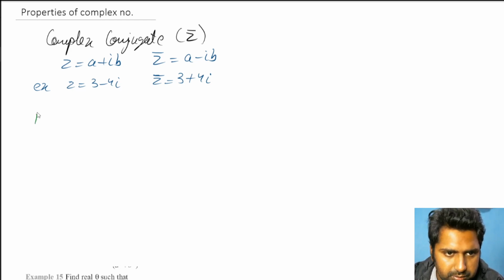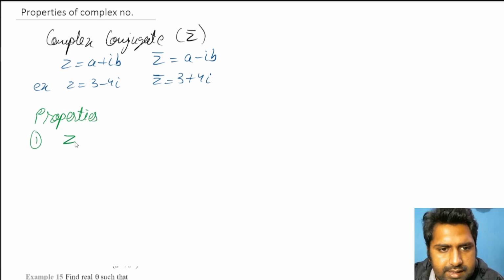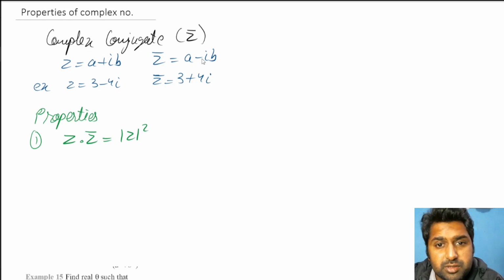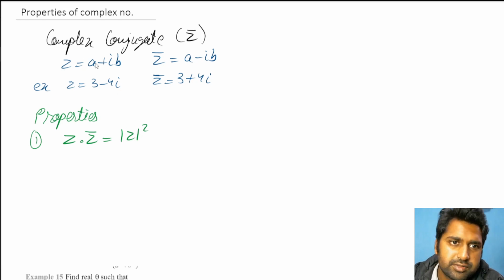Now properties, let's talk about that. First property: z into z bar is mod z square. You can verify this. a plus iota b into a minus iota b becomes a square plus b square, which is nothing but the square of modulus of z.